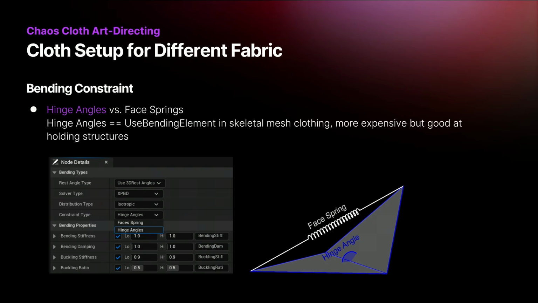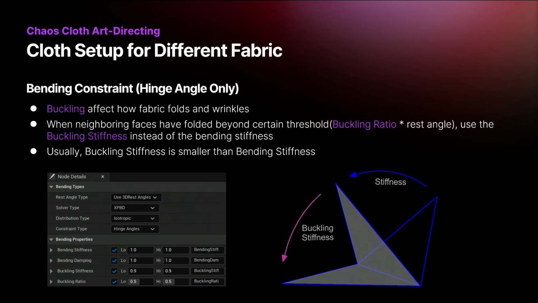When using the hinge angle, there's another setup I find very interesting for representing different materials, which is the buckling stiffness and the buckling ratio. These two parameters help control how fabric folds and wrinkles.